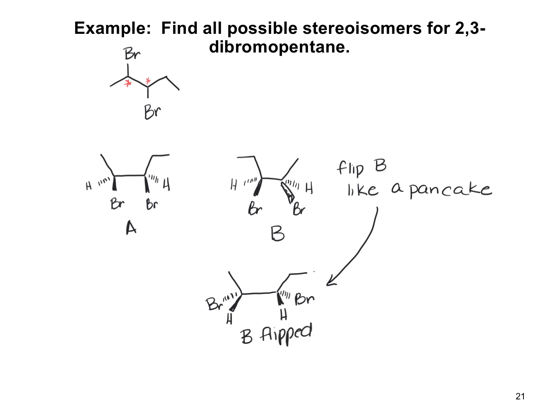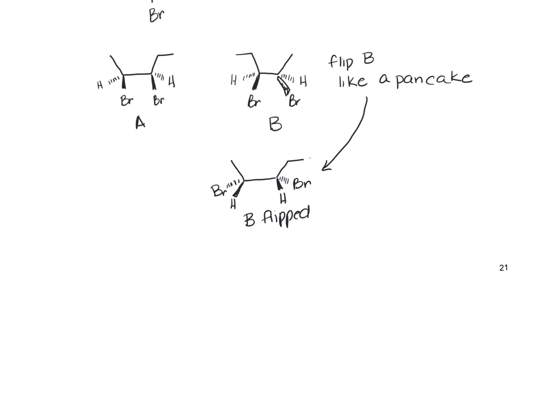Okay. Now, we need to compare the flipped B here with A, okay, to see if those atoms align. So we have this group here, and we compare it to this group here. And on the wedge, we see we have a hydrogen and we have a bromine here. Then we look at this group here, look at this group here, there's the bromine, there's the hydrogen. So in this case, A and B do not align, okay?